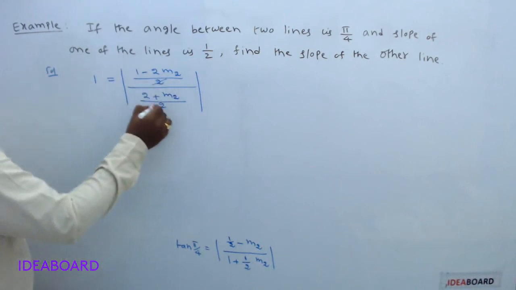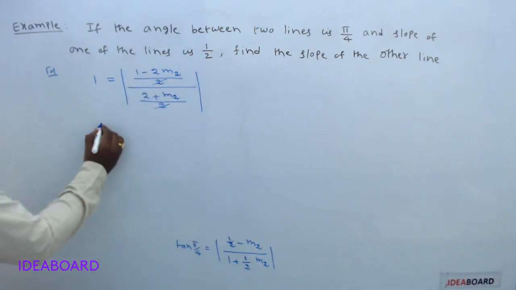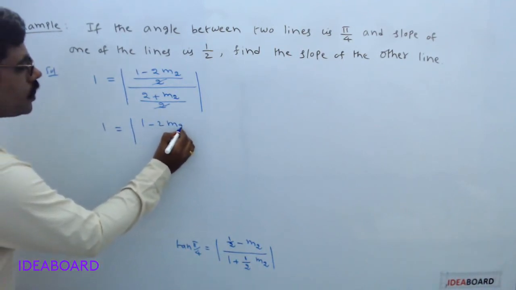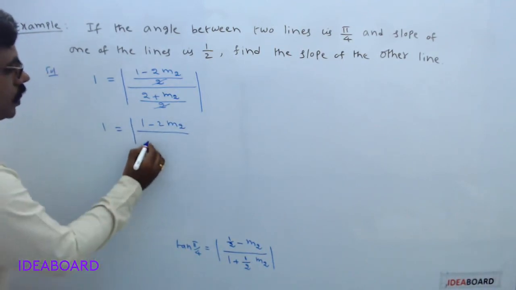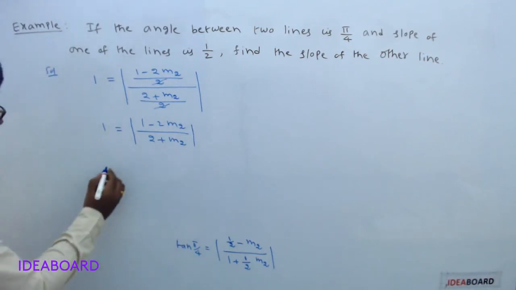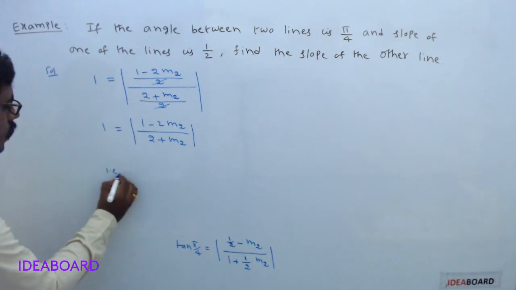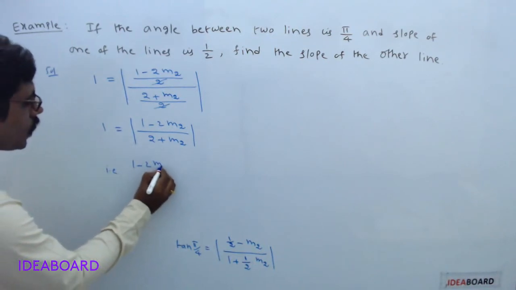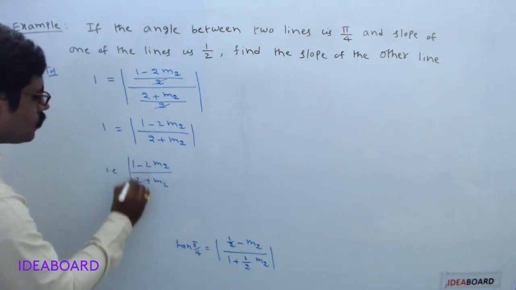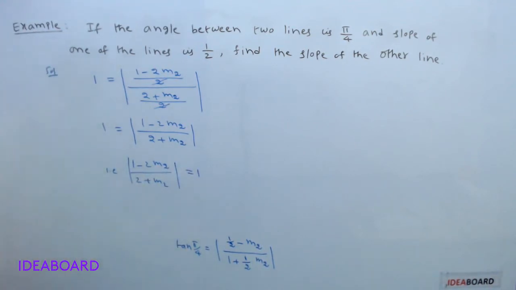Now cancel the constant 2. So it is 1 equals modulus of 1 minus 2m2 divided by 2 plus m2. Now the same equation can also be taken as modulus of 1 minus 2m2 divided by 2 plus m2 equals 1.